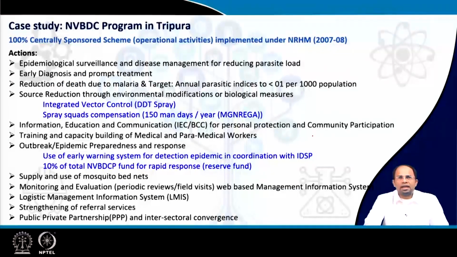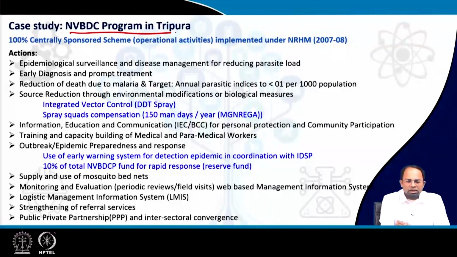Coming to a case study of the National Vector-Borne Disease Control Program, which we implemented in Tripura. This is a 100% centrally sponsored scheme implemented by the National Rural Health Mission, because we don't have large cities there. This case study is from 2007-2008.